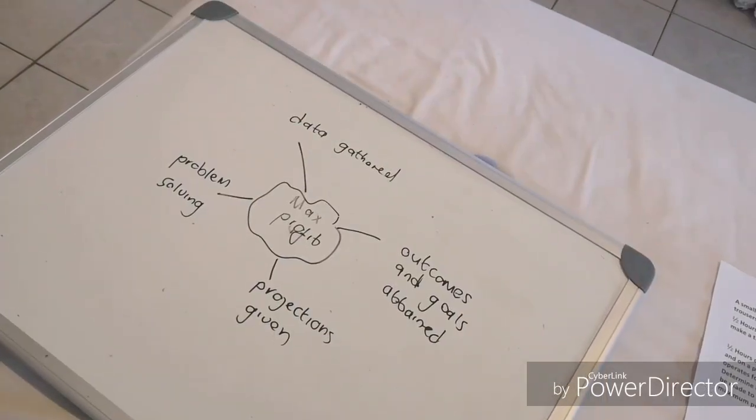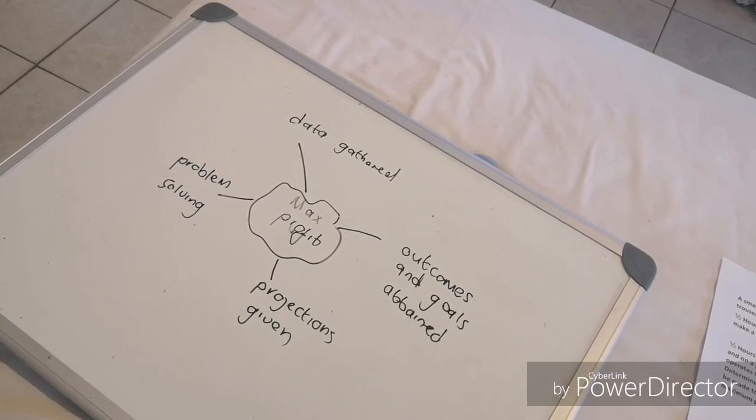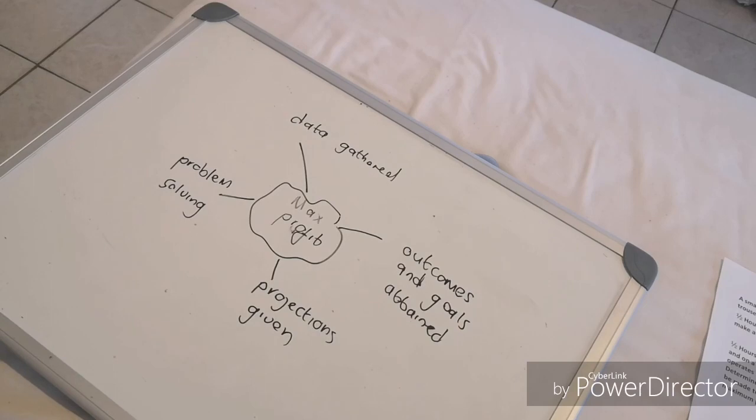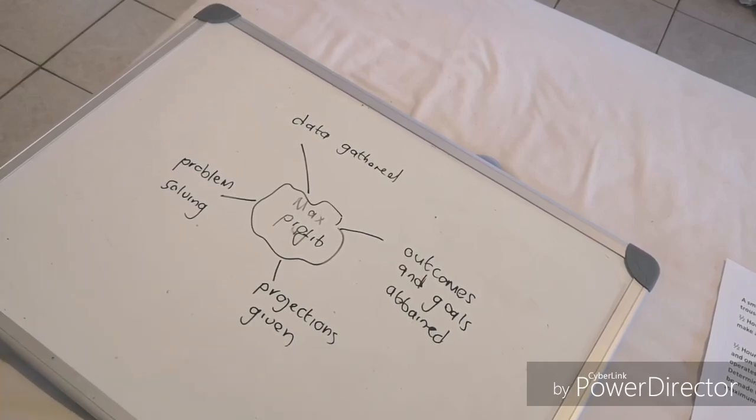So to sum it all up, maximum profit is basically data gathered according to problem solving. Like you saw, we looked at a problem and then we gathered data within that particular problem, we took that data, we represented it according to a graph, and we gave projections, as to what the possible values would be according to the equation.